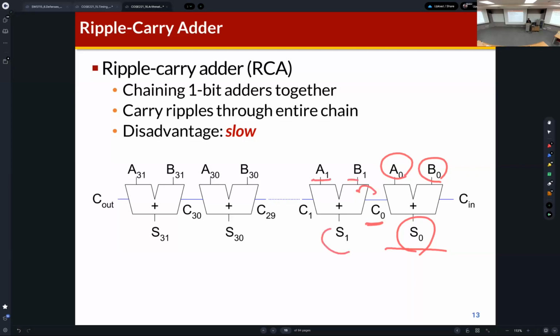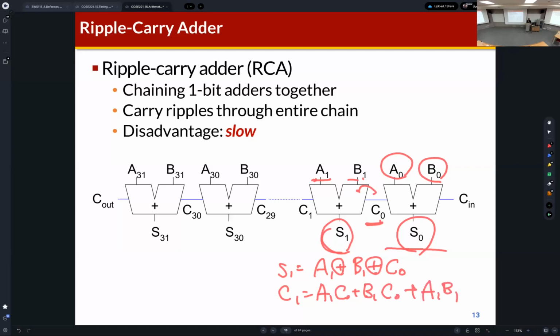Using A1, B1, and C0, S1 is generated: S1 equals A1 exclusive-OR B1 exclusive-OR C0, right? A carry is also generated from this full adder: C1 equals A1 C0 plus B1 C0 plus A1 B1.